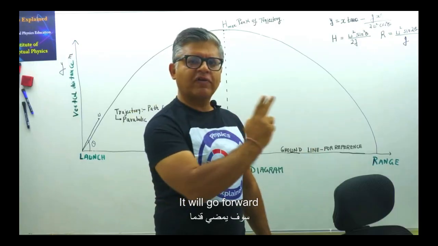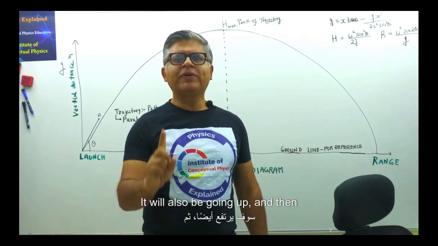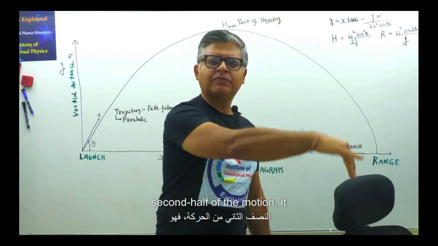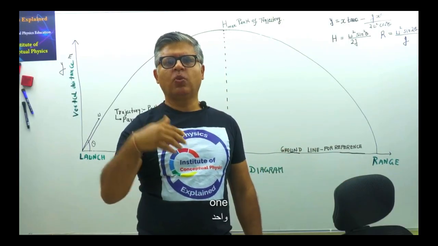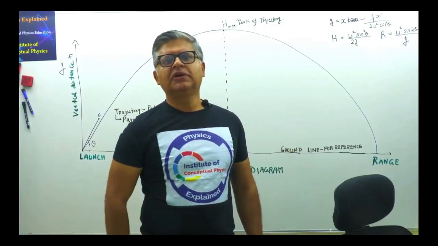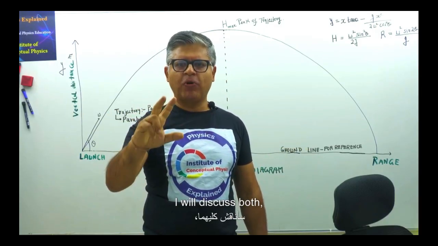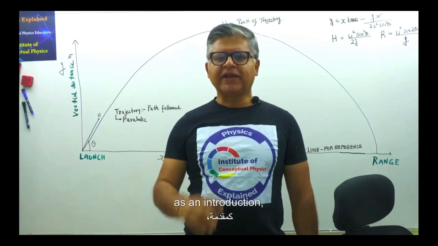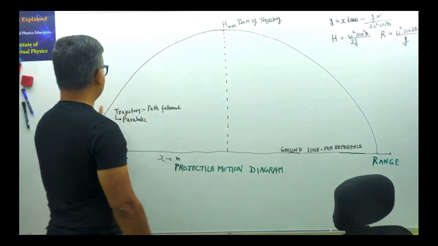It will go forward in the x-axis. It will also be going up, and then in the second half of the motion, it will be going down. So it has two motions, one x-axis motion and one y-axis motion. I will discuss both, but as an introduction, what you see in front of you generally is this figure.